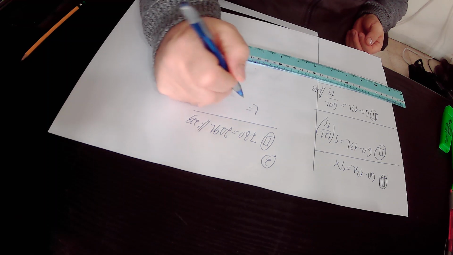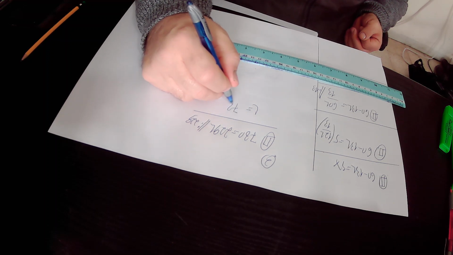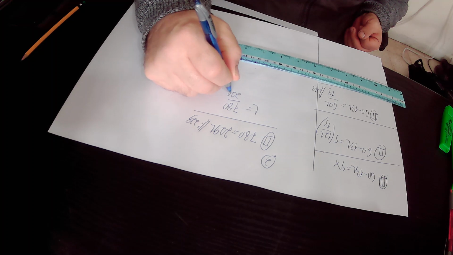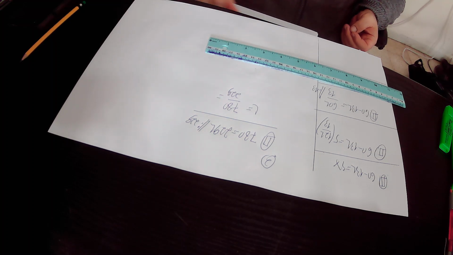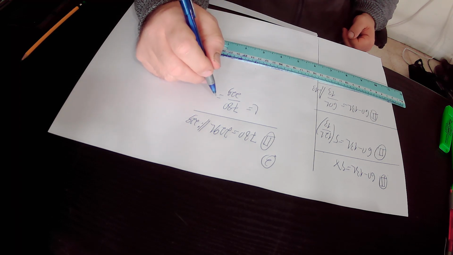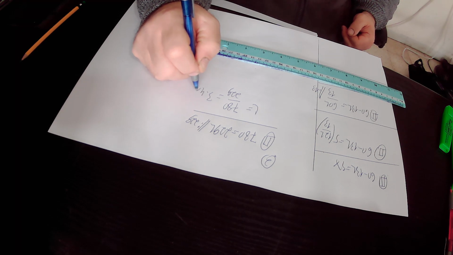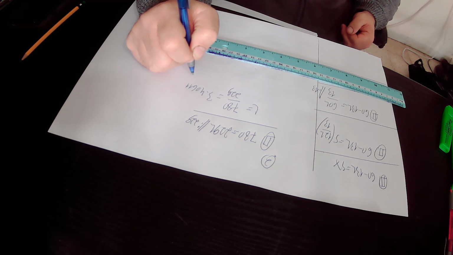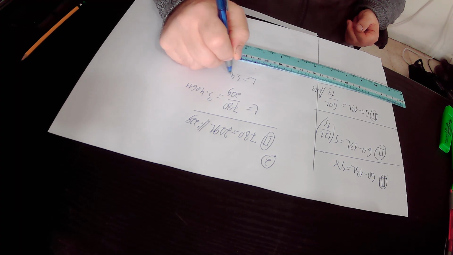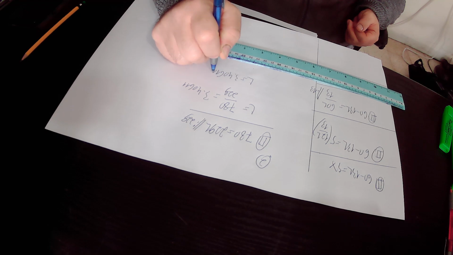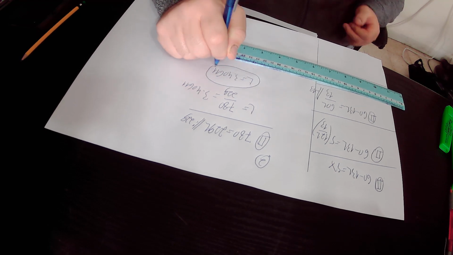And finally we get that L equals 780 over 229. So 780 over 229 equals 3.40611. L equals 3.40611 units.